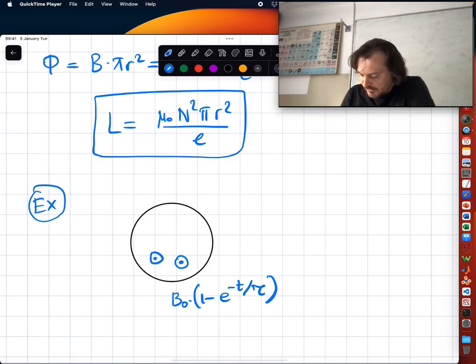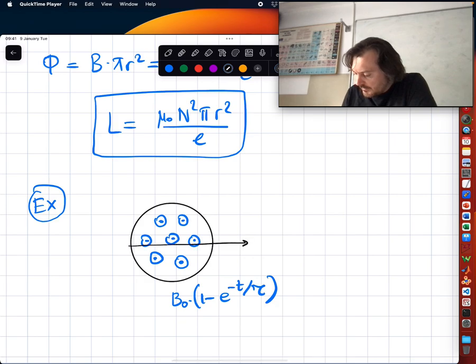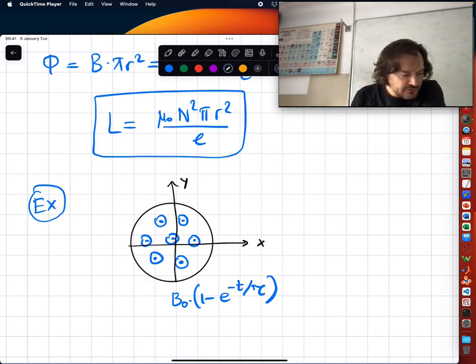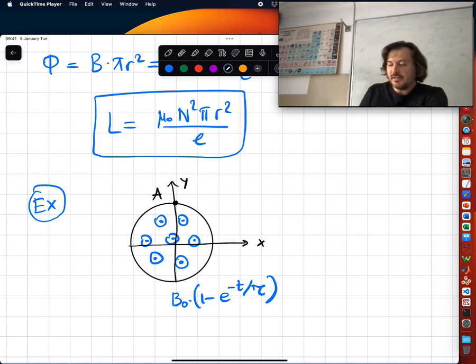It's only inside here. So far so good? And this is x, this is y. The question is, find the expression for the magnitude of the electric field at point A. Draw the electric field vector at point A on the figure. Point A is here. Find the electric field magnitude and direction.